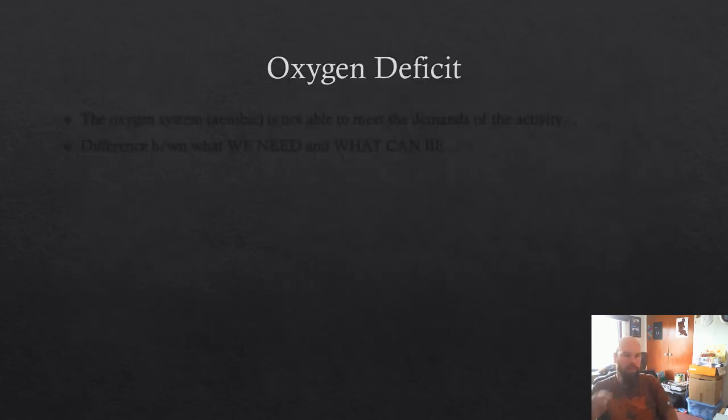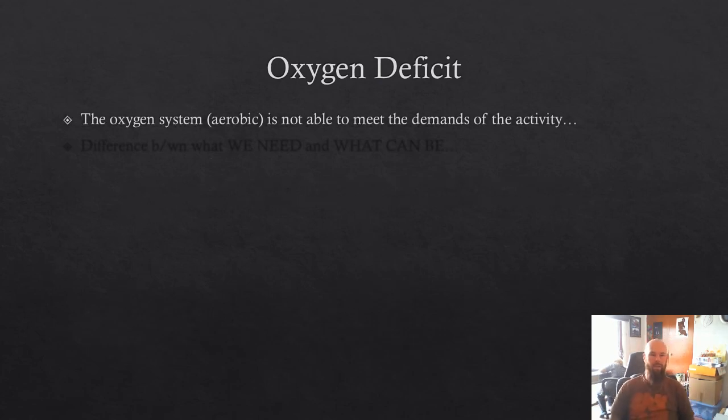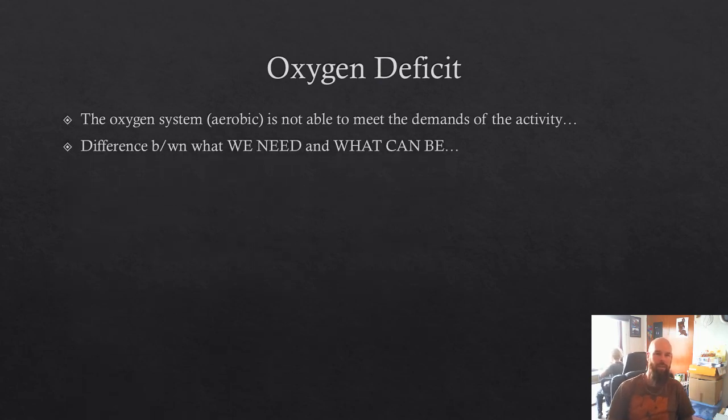So let's look at each of these in a little bit more detail. So oxygen deficit. When we're talking about the oxygen system, it can't meet the demands of the activity. The oxygen deficit is the difference between what we need and what can actually be produced at that point in time.